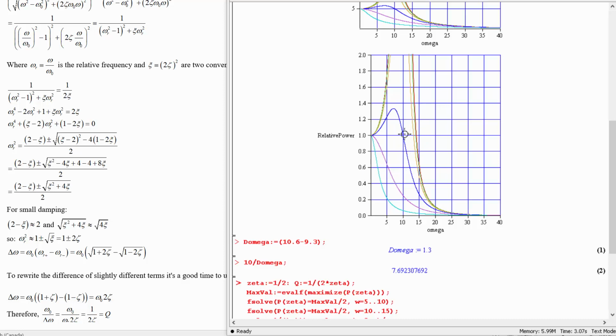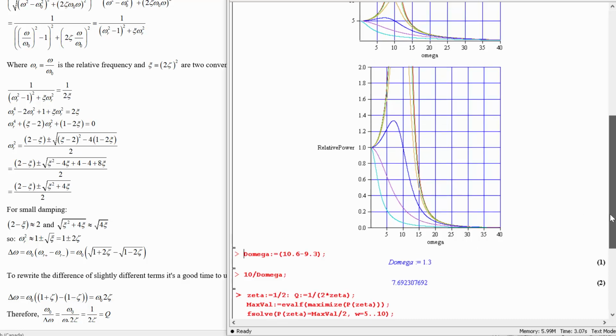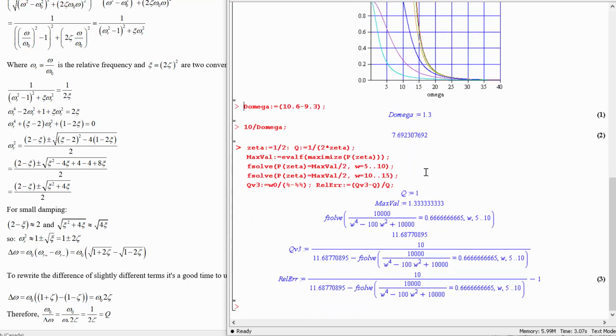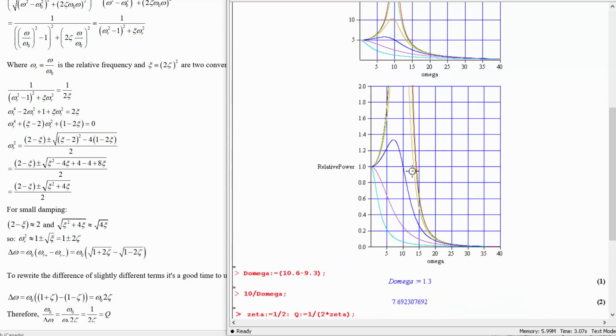So the low quality factor curves, the ones with high zeta, high damping, have such small peaks, if they even have a peak, that it's not even clear how you would interpret it to say that you have a resonant frequency peak, and then you look for where you have half of that peak height on each side in the power spectrum.